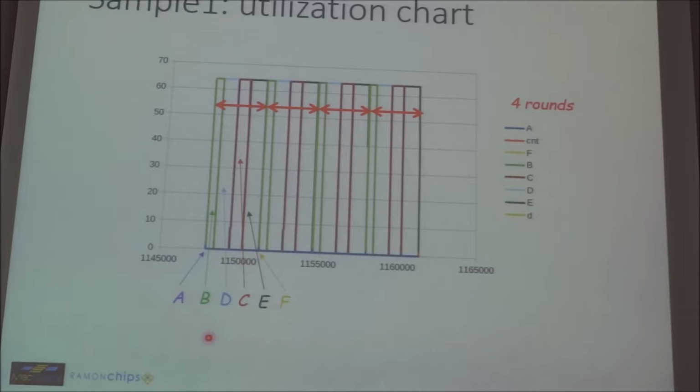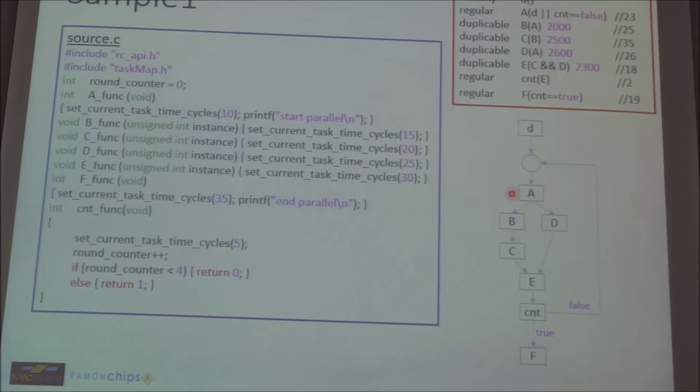And then come, after A, we could start in parallel, by the way, B and D. Remember the task graph from here, B and D. And indeed, we could have done B and D in parallel, but the scheduler does not like it.